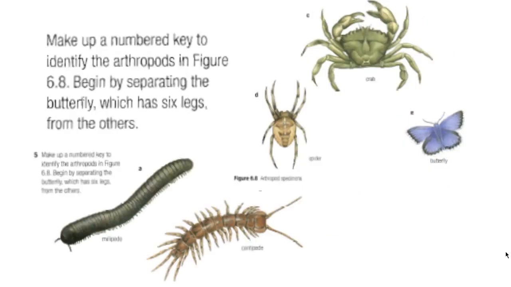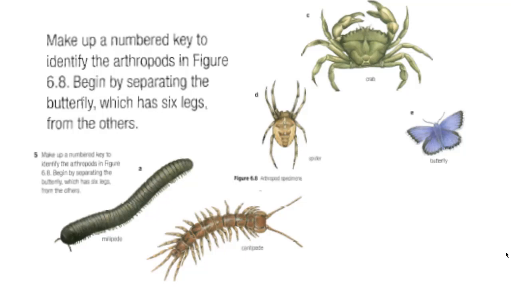The third task is to make a numbered key to identify arthropods in the given figure. You can see 5 types here, and you have to separate the butterfly, which has 6 legs, from the others. It means you are going to make a numbered key.